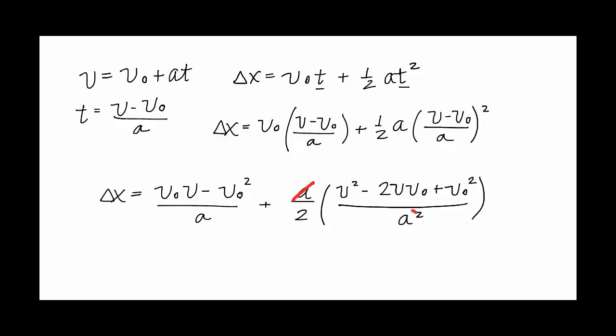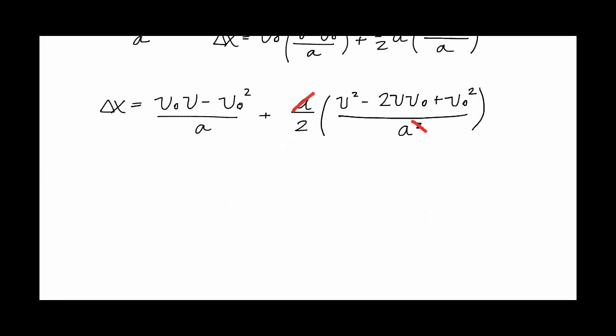Okay, I want to first reduce that a and a squared on the right side. Now, I don't want anything in the denominator. I want a nice linear equation that doesn't have any more fractions than it has to have in it. So we can multiply by a on both sides, and we can multiply by 2 on both sides.